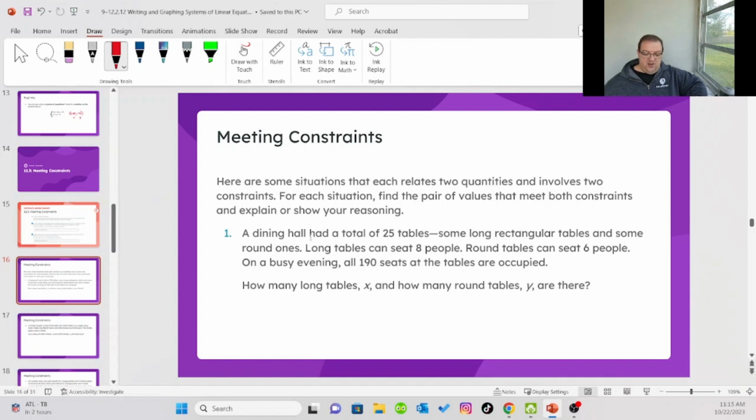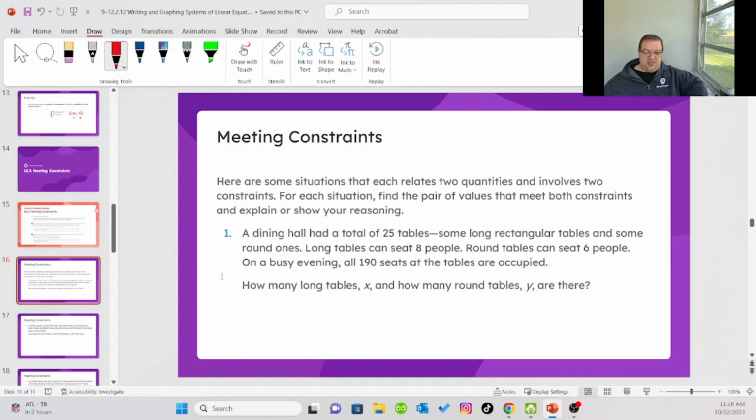A dining hall had a total of 25 tables, some long rectangular tables and some round ones. Long tables can seat 8 people, round tables can seat 6 people. On a busy evening, all 190 seats at the tables are occupied. How many long tables, X, and how many round tables, Y, are there?